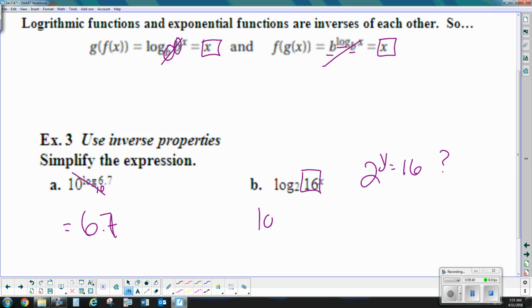So we can rewrite this as log base 2 of 2 to the 4th power, to the x power, right? So now since we have log base 2 of 2 to some power, we end up with just that exponent, 4x.